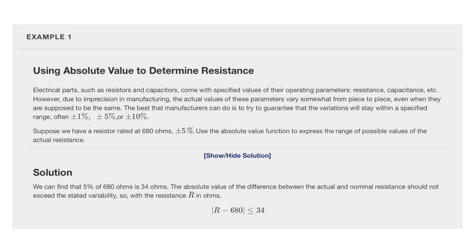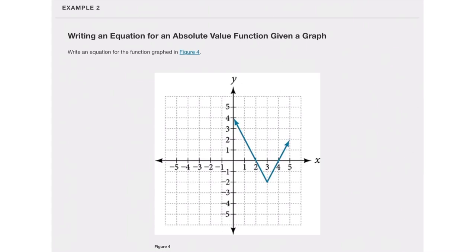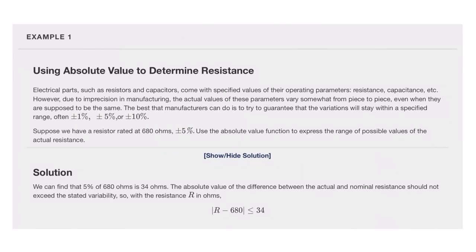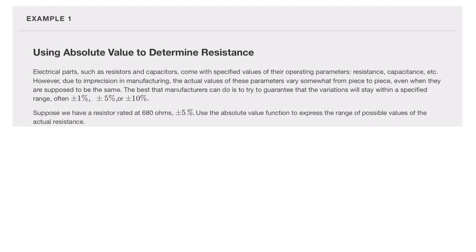So the absolute value of the difference between the actual and the nominal resistance should not exceed, let me see. What am I missing here? Okay. So whatever your resistance is, it needs to be plus or minus 5% of 680.